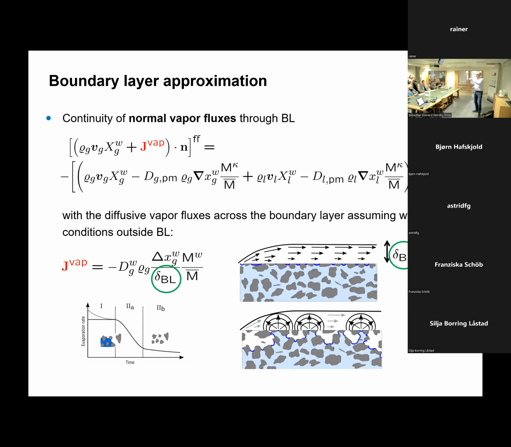We have analyzed, and you have mentioned it in one of your answers, there is a big difference. If you have a fully saturated system, then the interfaces are clear at the interface between the free and the porous medium, the darker blue ones.